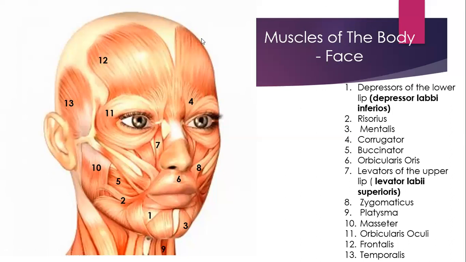How did we all feel about labeling the muscles of the face? Just unmute yourself, tell me on a scale of 1 to 10, 1 being unsure, 10 being absolutely confident. Remy? How confident did you feel about this activity?